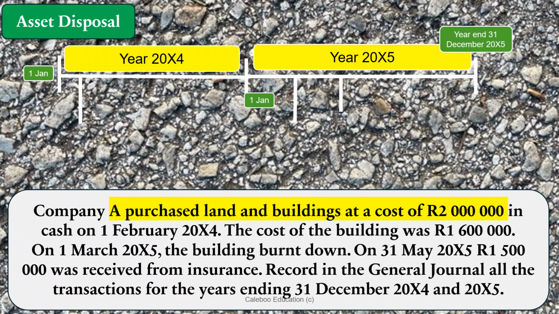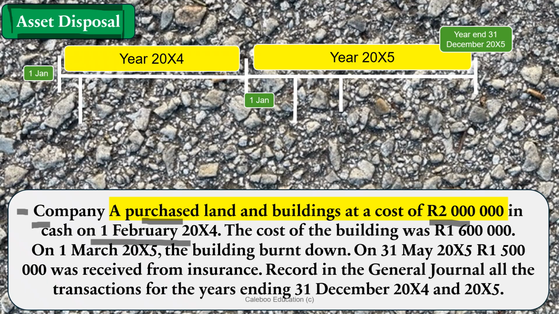In this video, I'm going to do an exercise on asset disposal, and before I get going, let's just look at the transaction and the information that's provided. Company A purchased land and buildings at a cost of 2 million rand in cash on the 1st of February 2004.